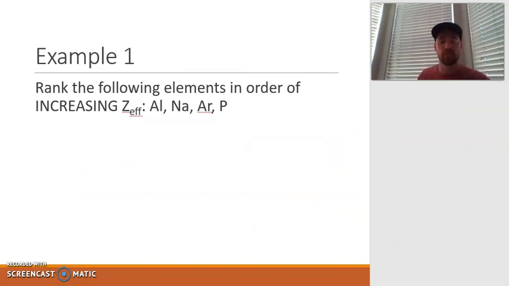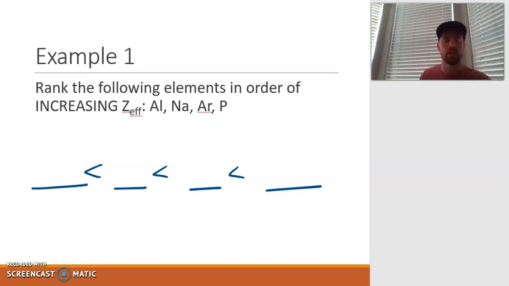Take a look at the 4 elements listed. We have aluminum, sodium, argon, and phosphorus. The question is, rank the following elements in order of increasing effective nuclear charge. So, I'm going to have my 3 greater-than signs so I can place the 4 elements in the appropriate spots. The highest effective nuclear charge on the right, and the lowest effective nuclear charge on the left.